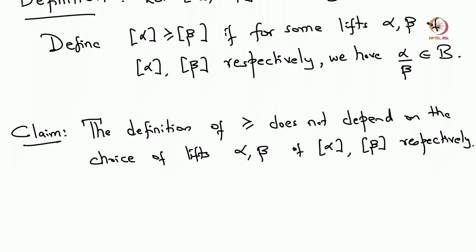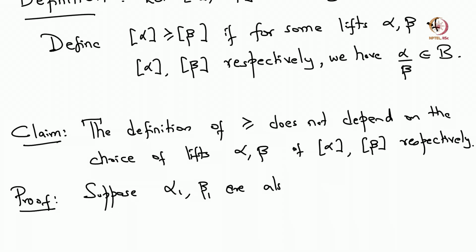And why is that true? Suppose you take two other lifts, say alpha 1 and beta 1, of square bracket alpha and square bracket beta respectively.